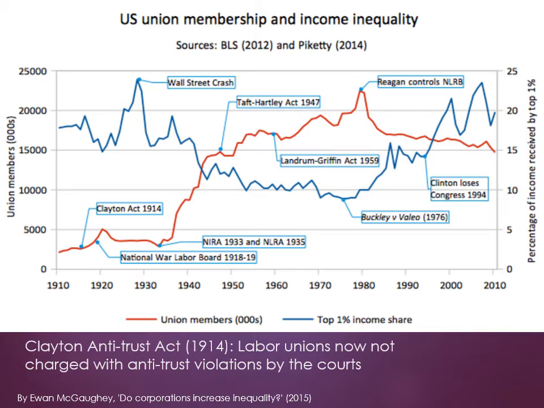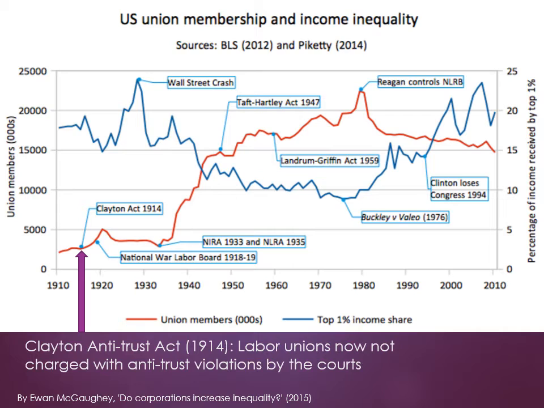Now, this was corrected during the Progressive Era with the Clayton Antitrust Act of 1914, and that specifically says that labor unions now are not charged with antitrust violations for their activities in the courts. And this was a move in favor of the development of labor unions. And look at the red line here.